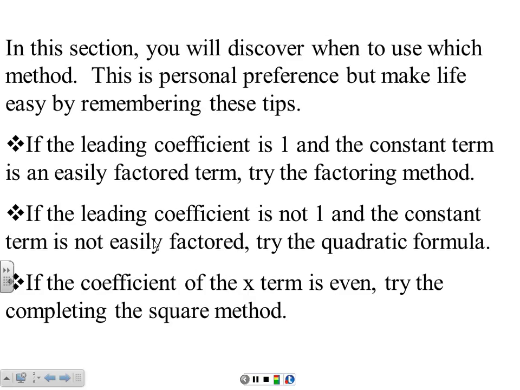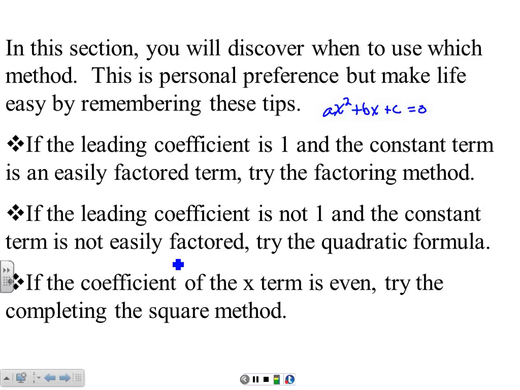Now, one thing that's not mentioned on this slide is if it is not set up in standard form, in other words, if it's not ax squared plus bx plus c is equal to 0, then you can't use any of these methods, and you need to pay attention to that.